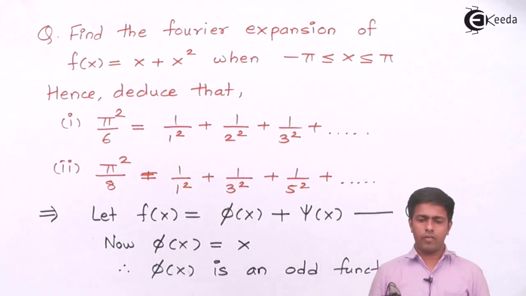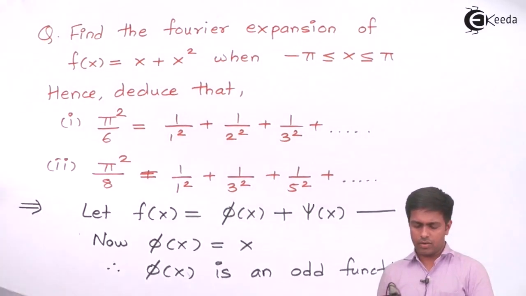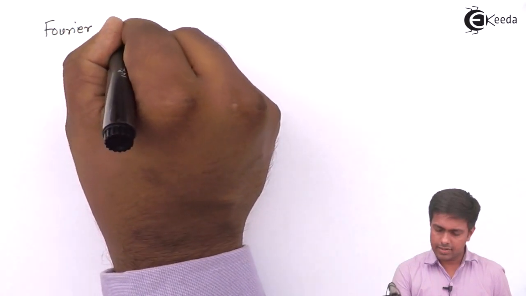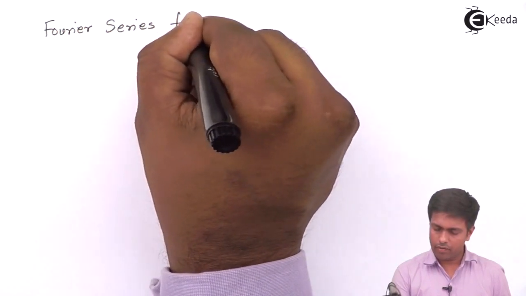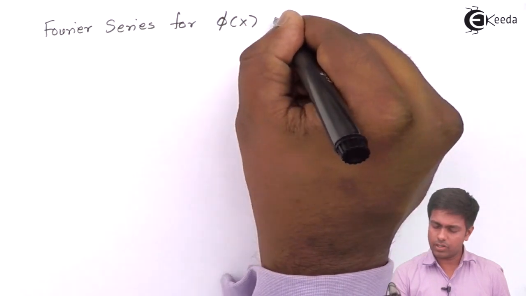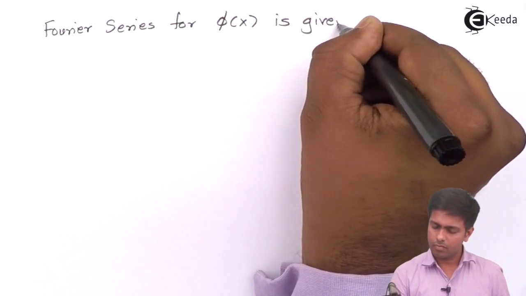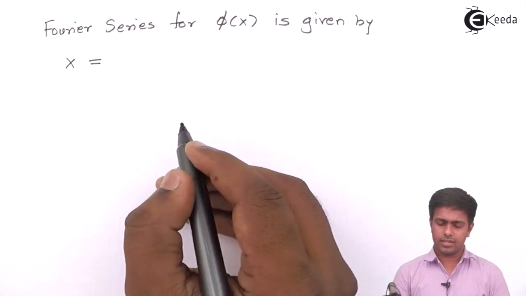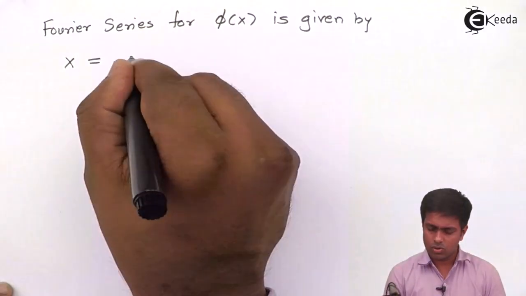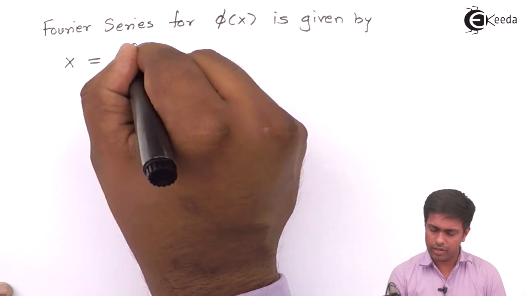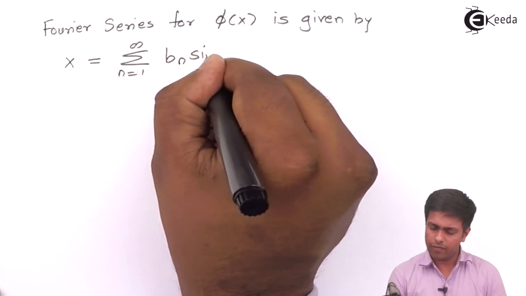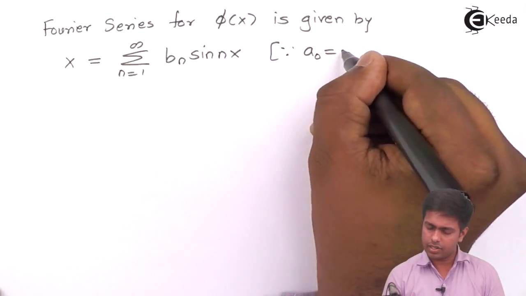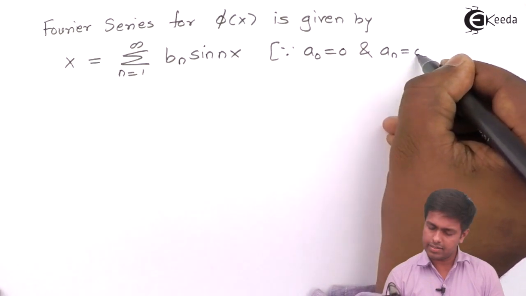So if it is odd, we will find its Fourier series. So here we have the formula. The Fourier series for phi of x, which is an odd function, is given by phi of x equal to, because the left hand side is phi of x, summation n equal to 1 to infinity bn sine of nx, since a naught is 0 and an is 0.